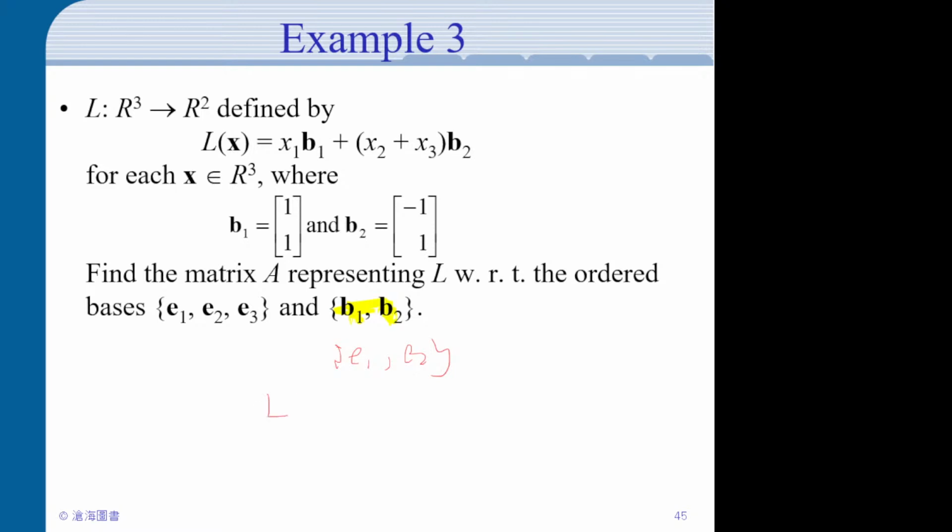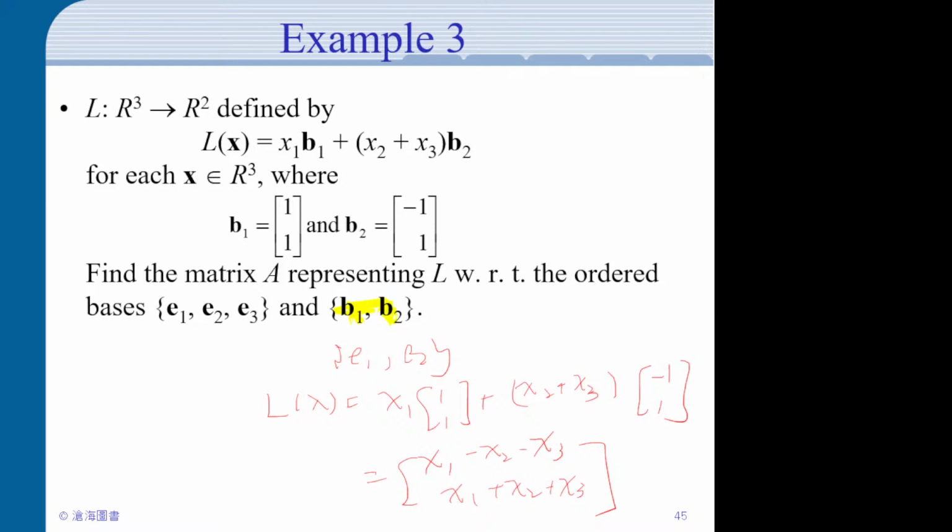So we have L of X equal to X1 times (1, 1) plus (X2 plus X3) times (minus 1, 1), and this should be (x1 minus x2 minus x3, x1 plus x2 plus x3), right?